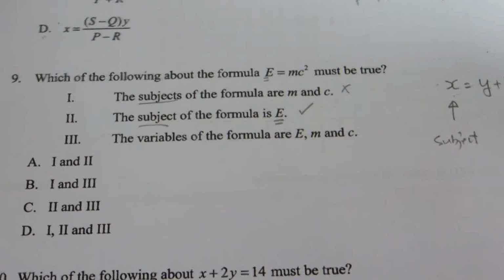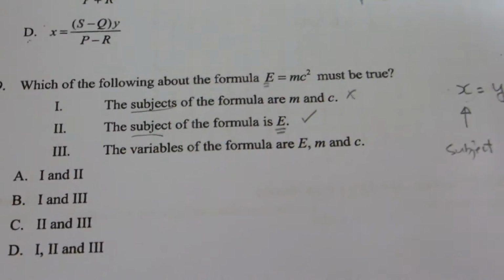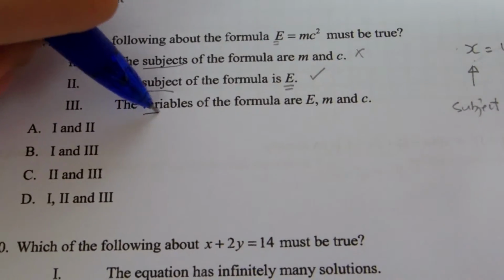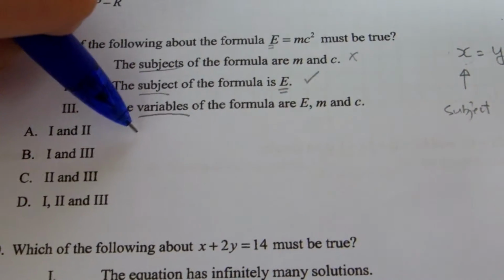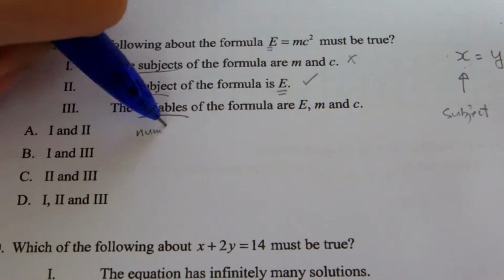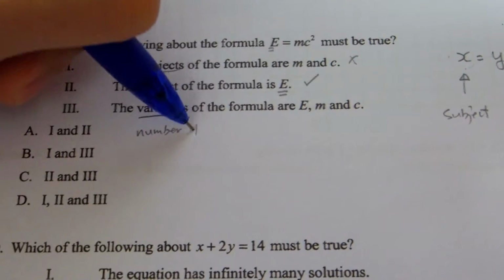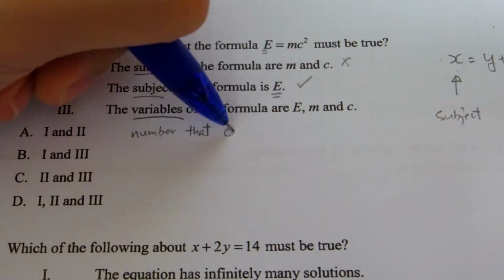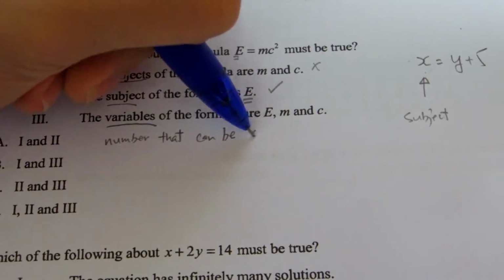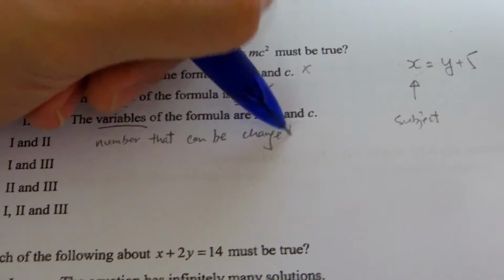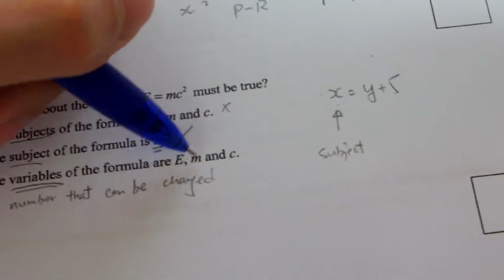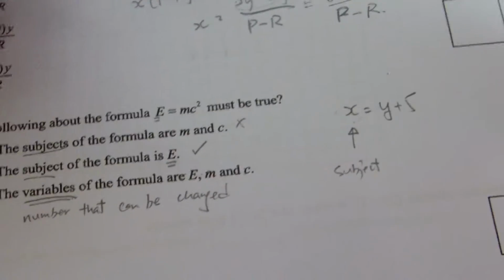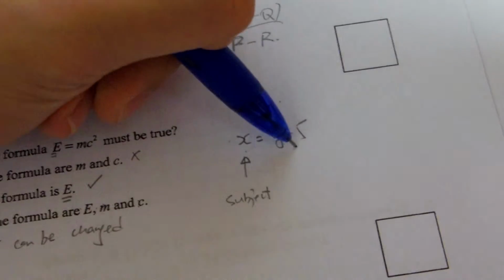And the third one, variables. Variable means a number that can be changed. In Chinese we call it 变数. Well, in fact, these are all numbers that can be changed. It is not a fixed number. It is not constant. Constant means a fixed number.